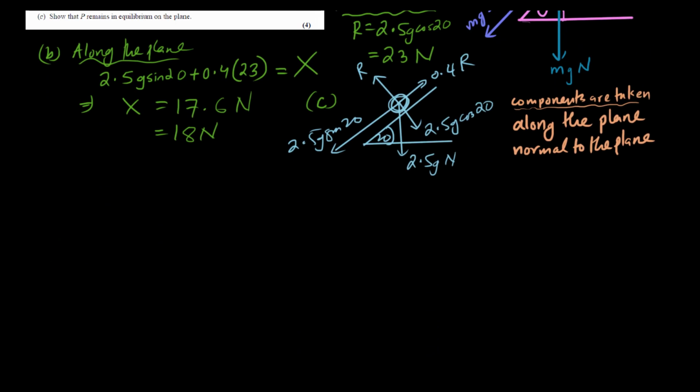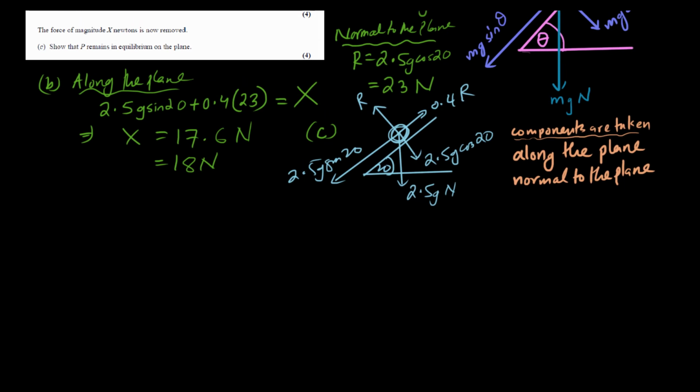So we can see that along the plane it has changed, but normal to the plane it is more or less the same. So R is still equal to 2.5 g cos 20. So R is still 23 Newton. I didn't calculate it again because we have already calculated it in the previous part, because nothing has changed normal to the plane.